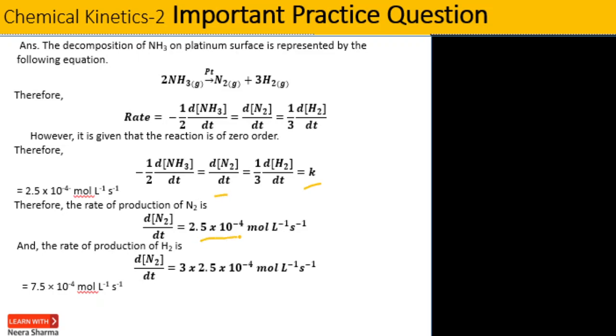So it will be equal to 2.5 into 10 to the power minus 4 mole per liter per second, and 1 by 3 d[H2] by dt is equal to K. So d[H2] by dt is equal to 3 into K. So 3 into 2.5 into 10 to the power minus 4. So it comes to 7.5 into 10 to the power minus 4 mole per liter per second.